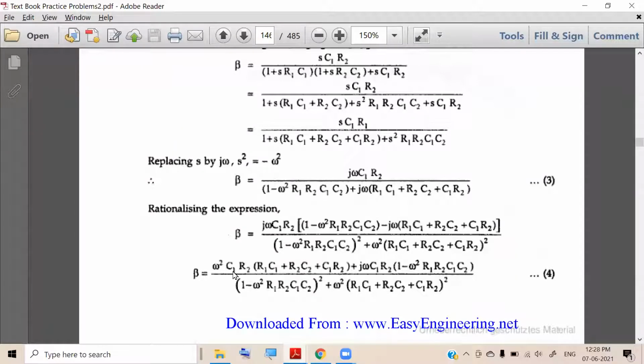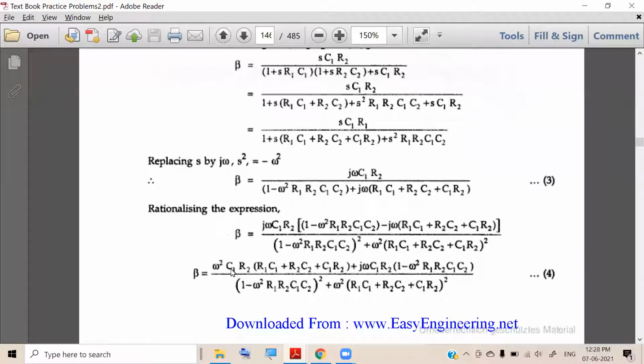So omega square RC multiplied by RC plus RC plus RC, 3 RCs. So we will have omega square R square C square into 3, because this is 3 RC.